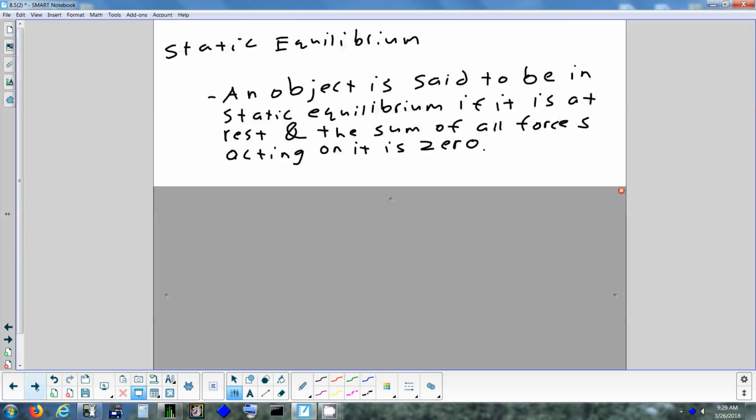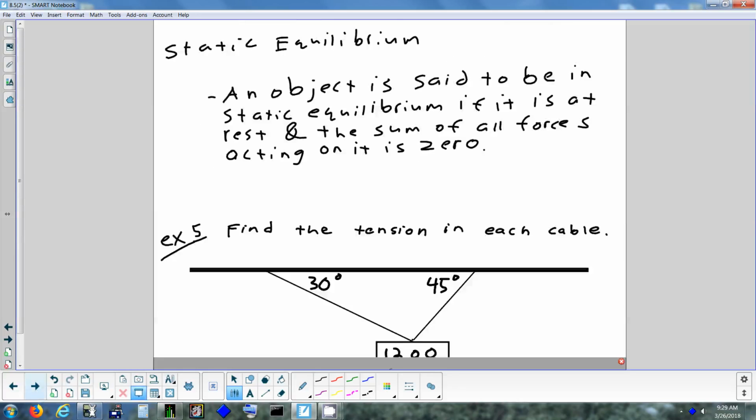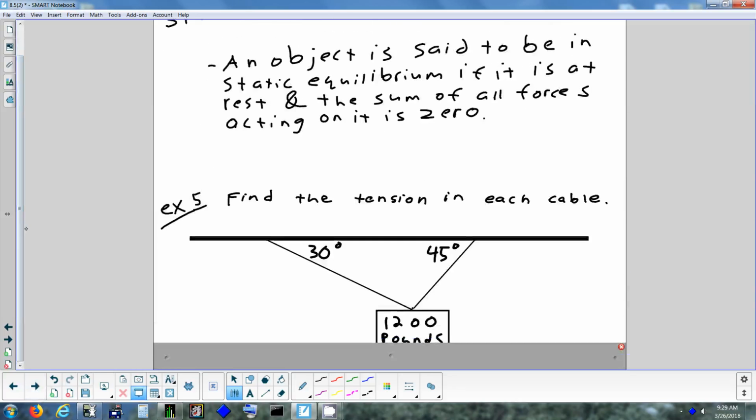All right, so the example we're now going to look at is static equilibrium. And basically the idea here is that you have an object hanging from 2 cables, and the goal is to find the tension in each cable. Well, if the cables were vertical and they were spaced symmetrically on each end of the box or the bar, or whatever it happened to be, then the tension would be half.